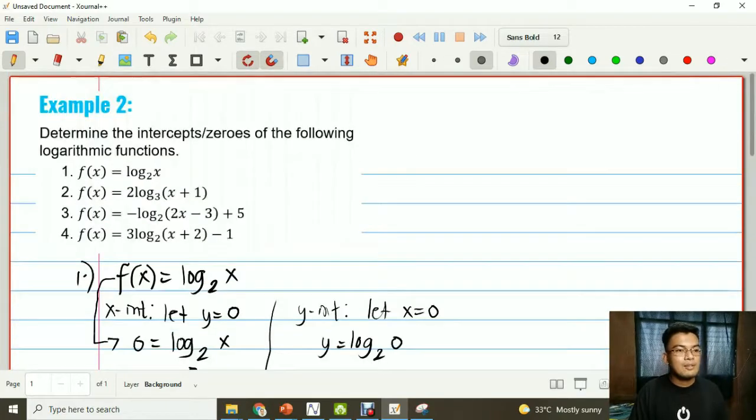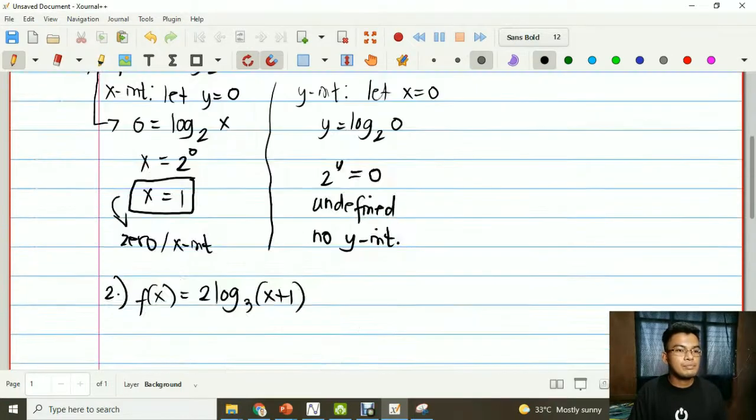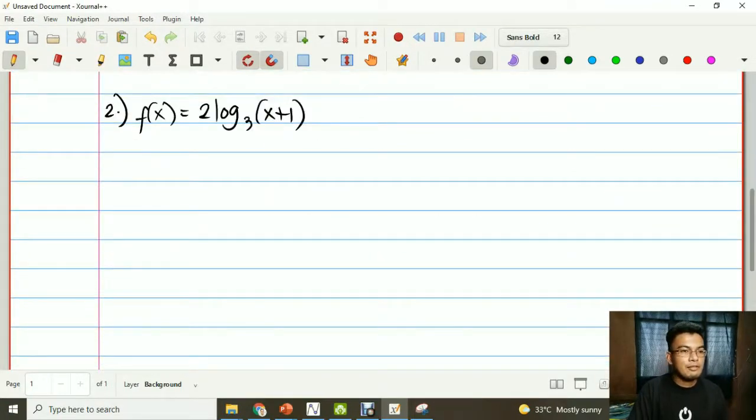Okay? For the second function, we have f of x is equal to 2 log base 3 of x plus 1. So this will be f of x is equal to 2 times log base 3 of x plus 1. For our x-intercept and our zero, we let y be equal to 0.